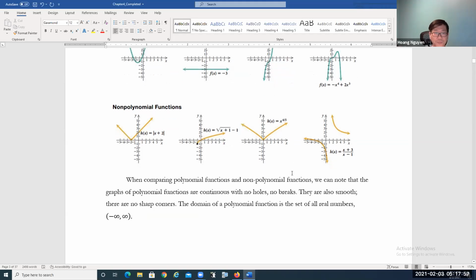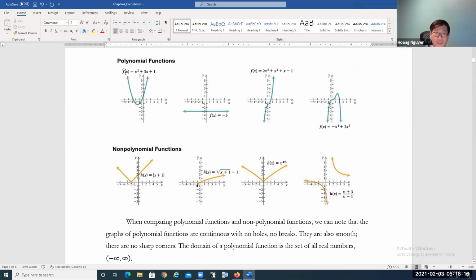Okay. So when comparing polynomial functions and non-polynomial functions, we can take note that the graphs of polynomial functions are continuous with no holes, no breaks. They are also smooth. Okay, so when you're observing the graph of the polynomial function over here, you can see that when you go from left to right, it's going to be continuous, no hole, no break, and a very smooth curve.